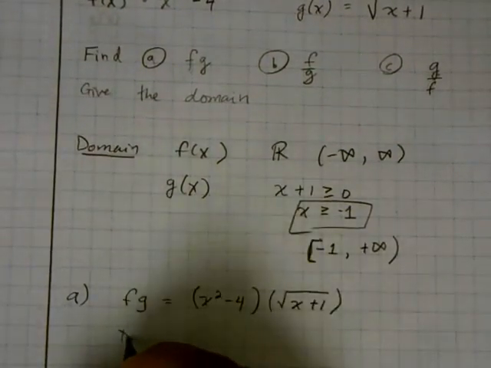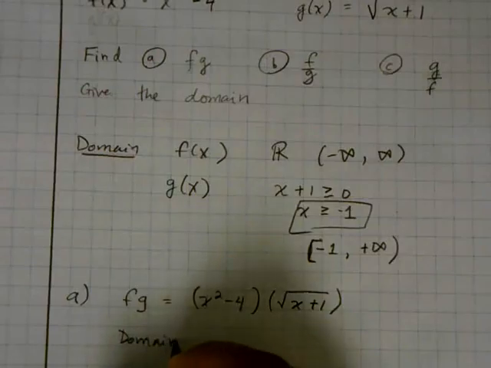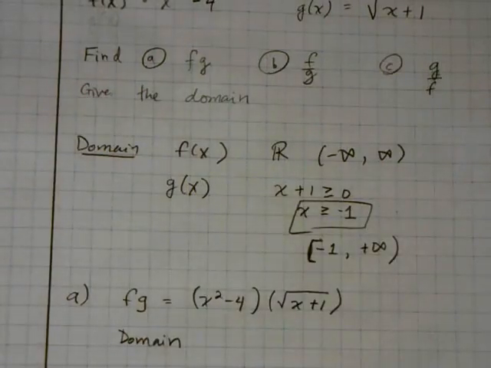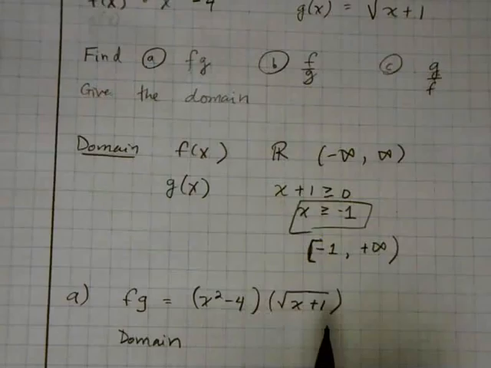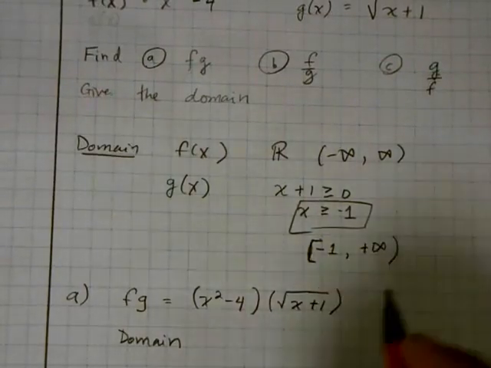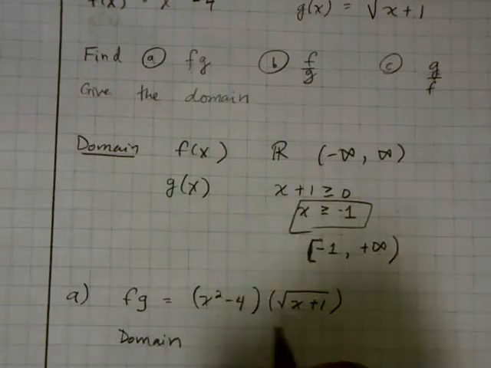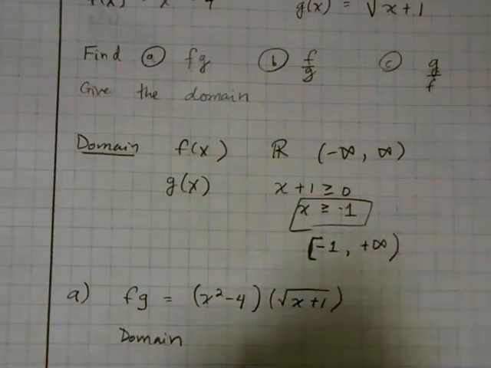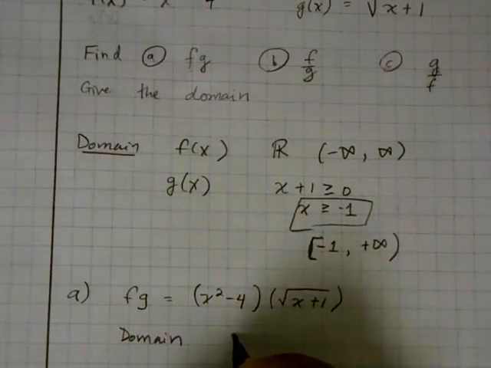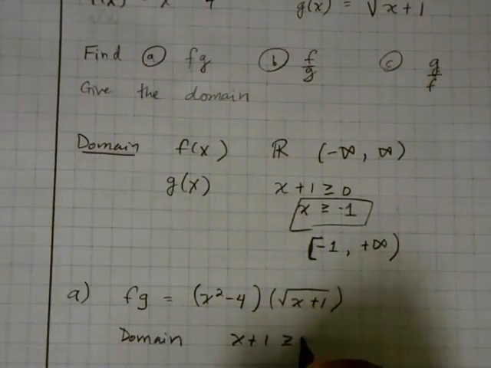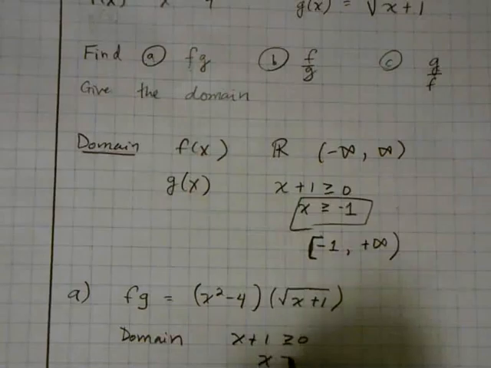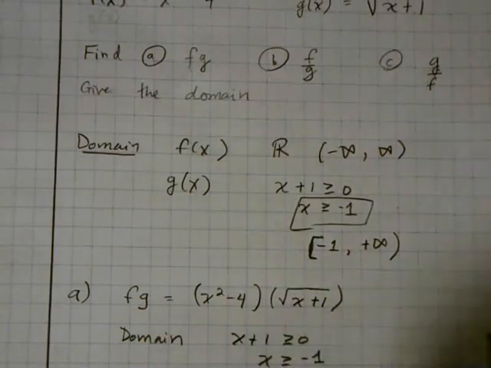And let's check on our domain. So I still have this expression, square root of x plus 1. And so I have to make sure that this expression here cannot be negative. So I still have to check that x plus 1 is greater than or equal to 0. So then x has to be greater than or equal to negative 1.